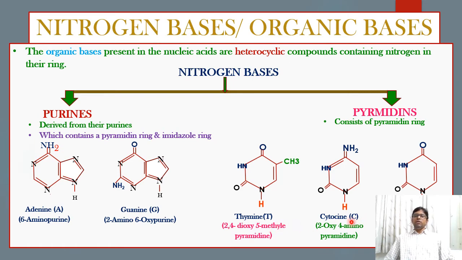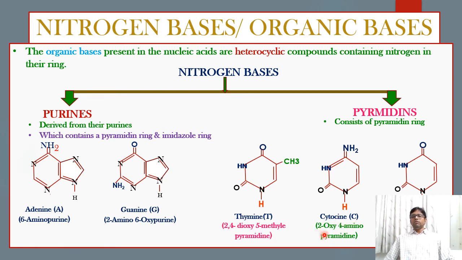Coming to the cytosine, it is also known as 2-oxy 4-aminopyrimidine. Here you can see this is the first position. On 1st and 3rd positions, nitrogens are present in place of carbon. On 2nd carbon, oxygen is present, that's the reason why 2-oxy. And on 4th carbon, one amino group is present, that's the reason why 4-aminopyrimidine.